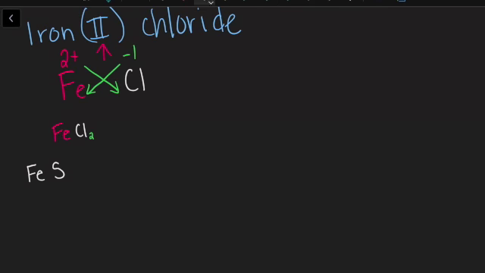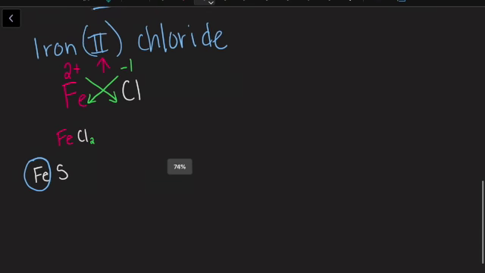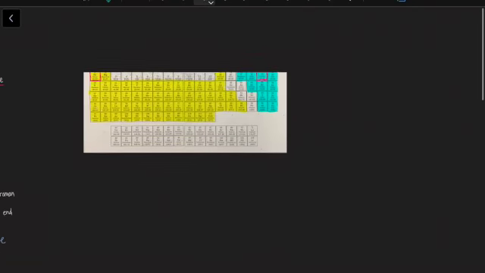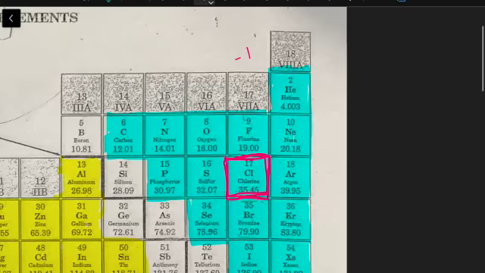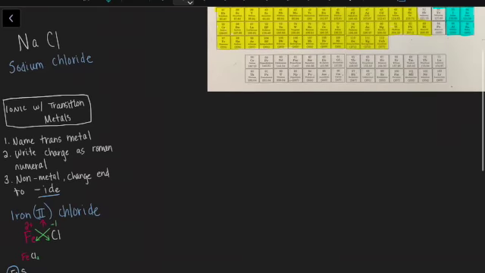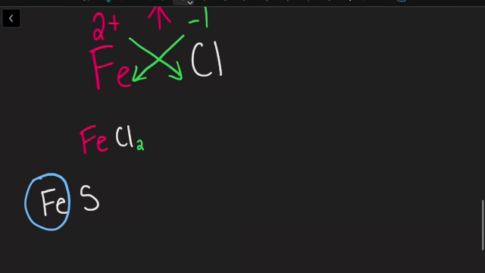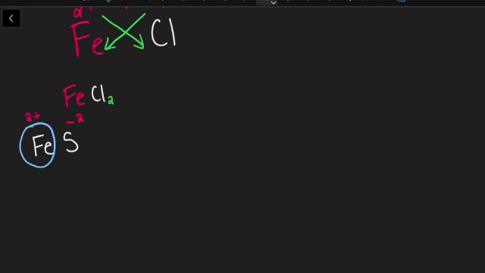Since you don't know the charge of Fe, because it's a transition metal and the charge could be anything, you first find the charge of sulfur. And sulfur is right here, and it's going to have a -2 charge. And these have to balance, and you assume that the charge for Fe is 2+. So when you went to write that, it would be iron 2 sulfide.